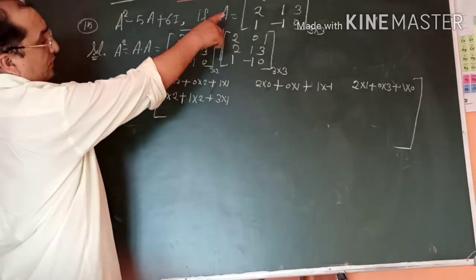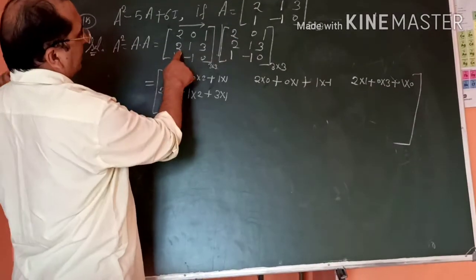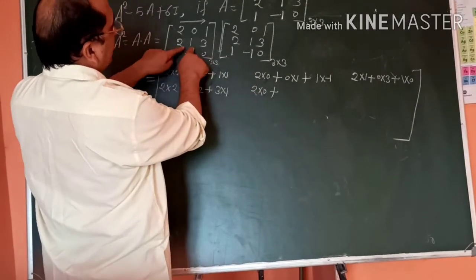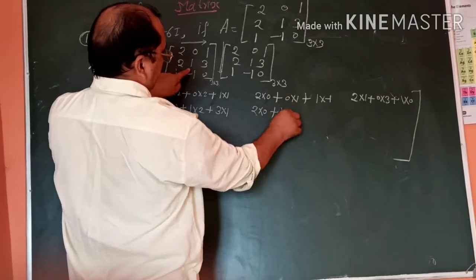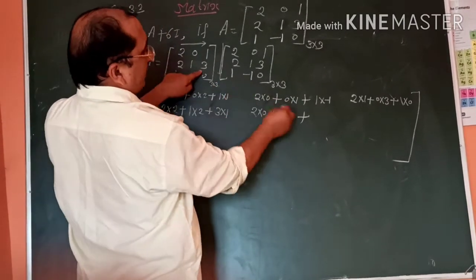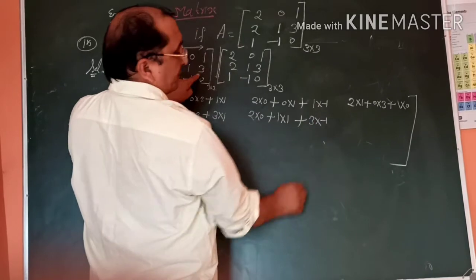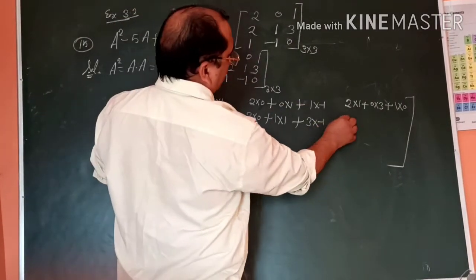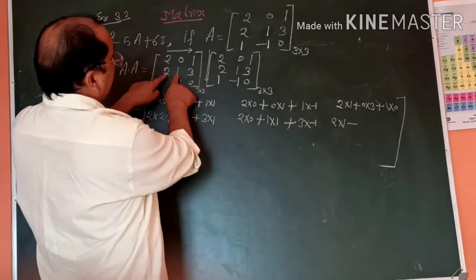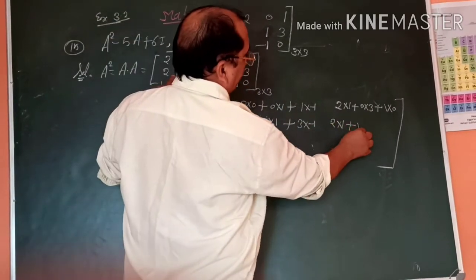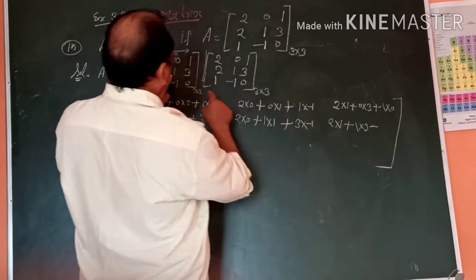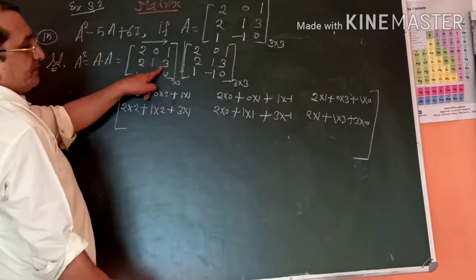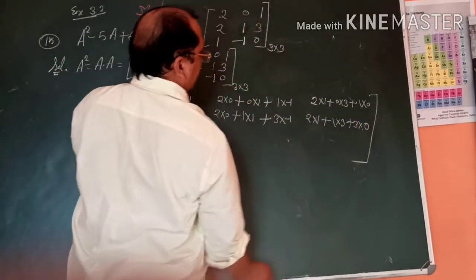Second row, second column: 2 into 0 plus 1 into 1 plus 3 into minus 1. Then second row, third column: 2 into 1 plus 1 into 3 plus 3 into 0.